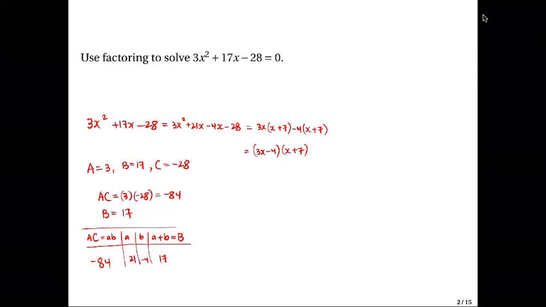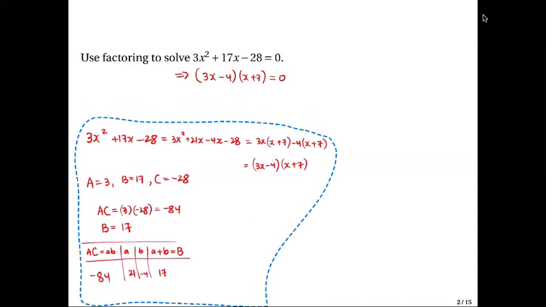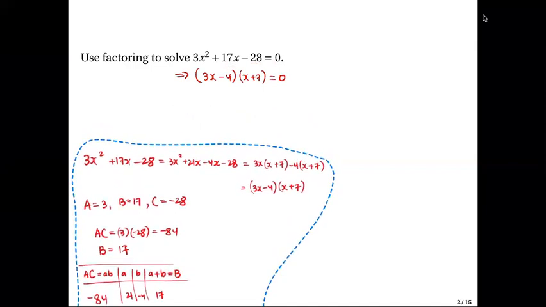Now going back to the equation, we will now have 3x minus 4 times x plus 7 equals 0. And from here, we use the following property.